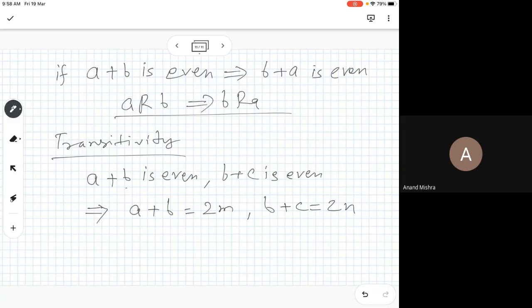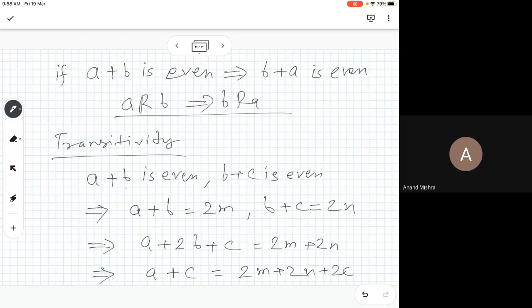So I can sum them up: A plus 2B plus C equals 2m plus 2n. That also means A plus C equals 2m plus 2n minus 2B.